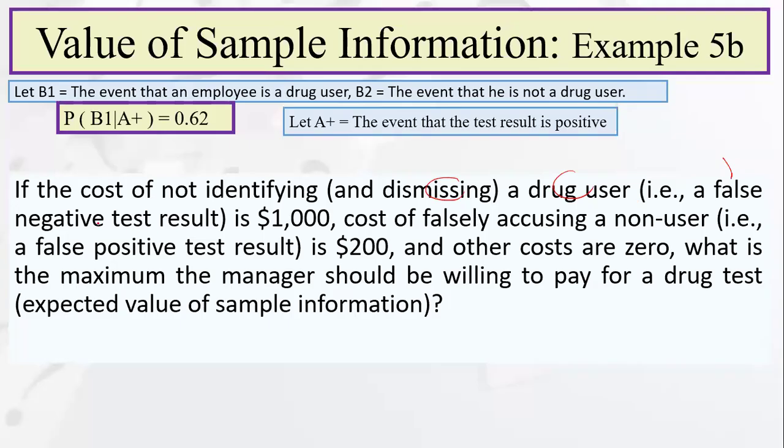So you got negative, but is a really drug user? That is $1,000. The cost of falsely accusing a non-user is given to you. The costs are given to you. False positive. And what is the maximum the manager should be willing to pay for the drug test, the expected value of the sample information.